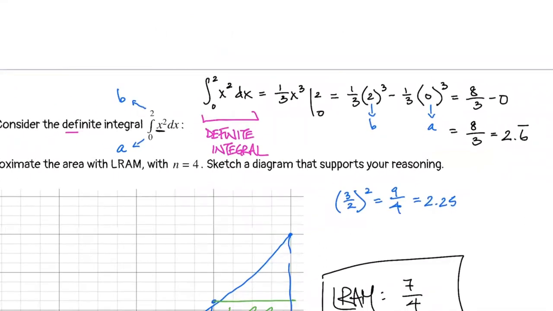I did use that language over here, but I want to be really explicit that this actual expression, with the symbol, the dx, the function in between, and the numbers on the top and bottom, is what we mean when we say definite integral.